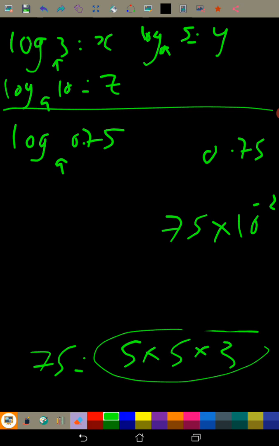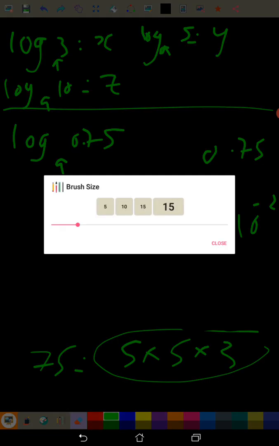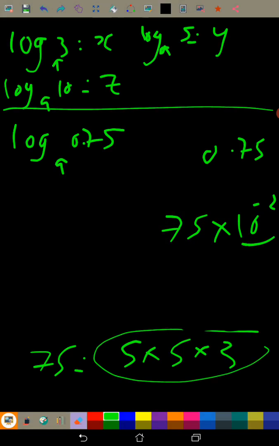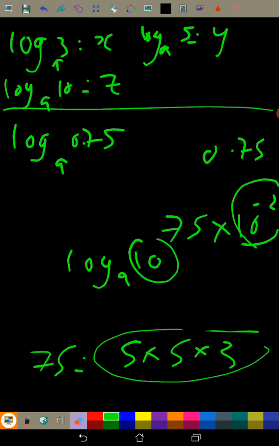To get 10 to the power of minus 2, we have log a 10 here. We need minus 2 here.